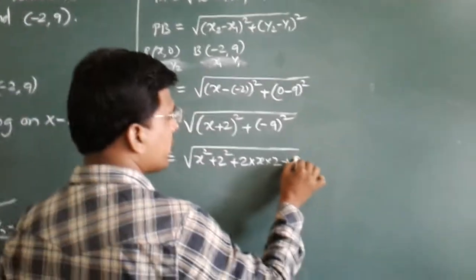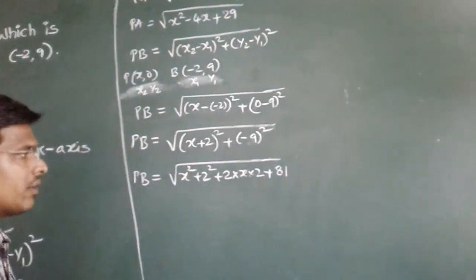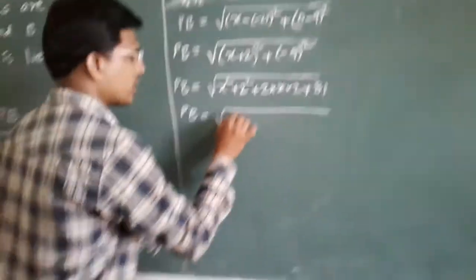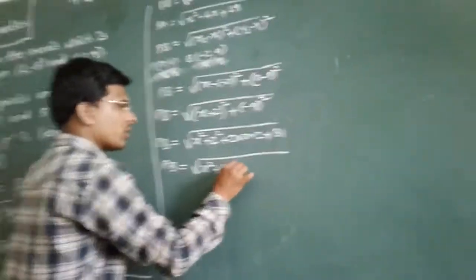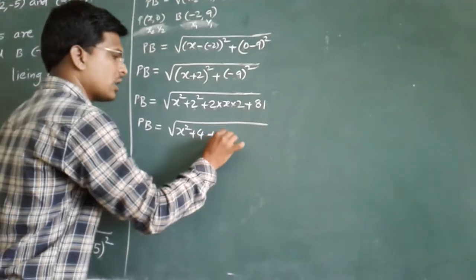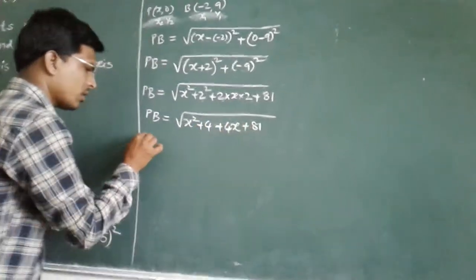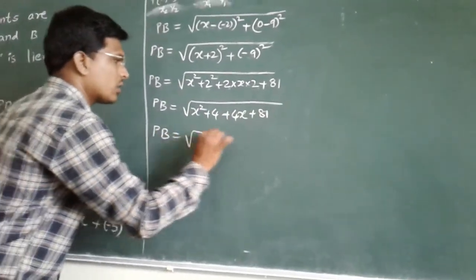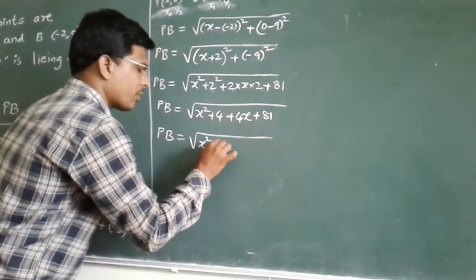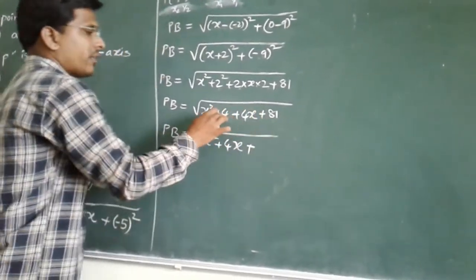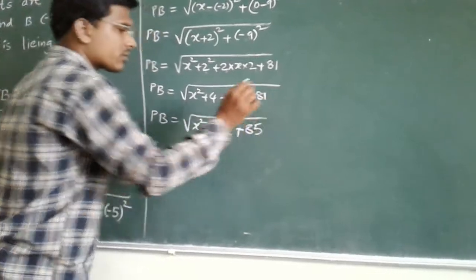Minus 9 into minus 9 is 81. So PB is equal to under root of x square plus 2 square 4, plus 2 2s are 4x, plus 81. So PB is equal to under root of x square plus 4x plus 81 plus 4, 85.